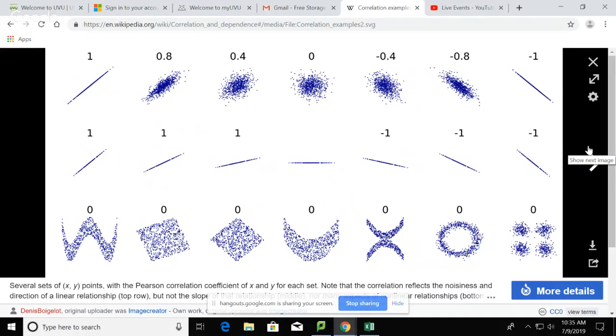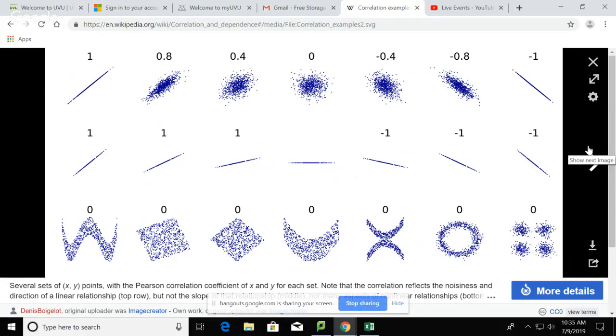So 0 can imply no correlation if backed up by a scatter plot. Okay? Let me throw something else out here.